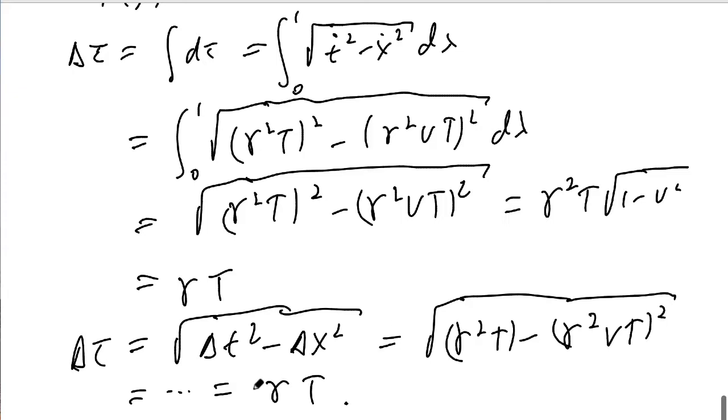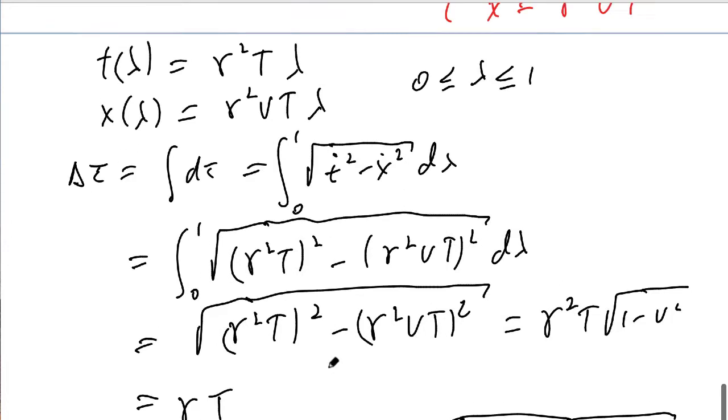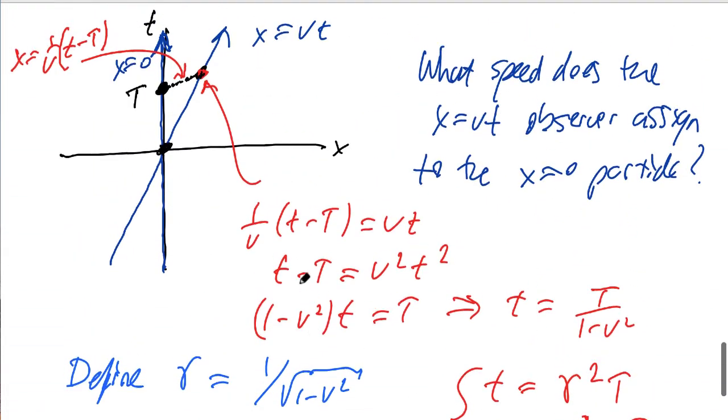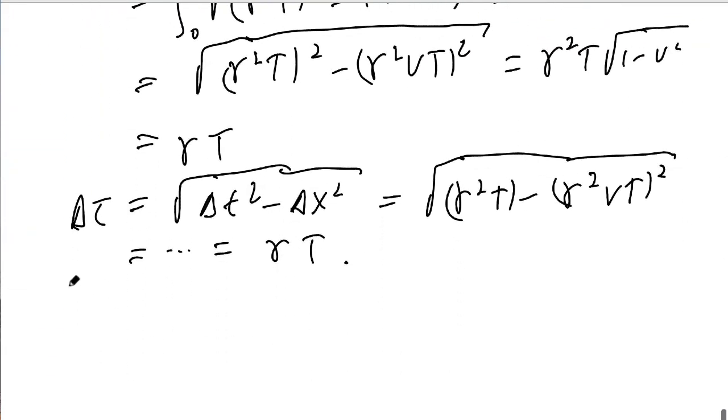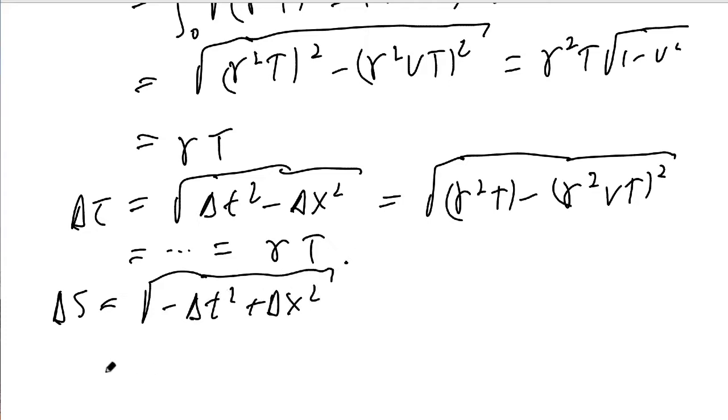All right, so this is the result for the proper time between these two events. Now, what is the proper distance between this event and this event? The proper distance is just computed as the square root of minus delta t squared plus delta x squared. So the change in the t coordinate between these two events is what?